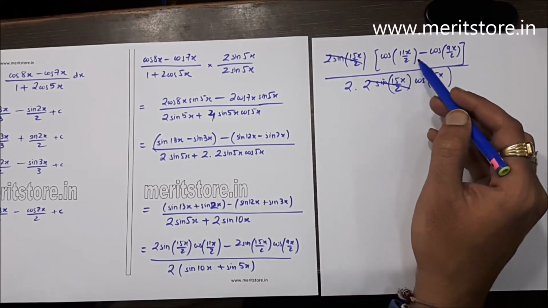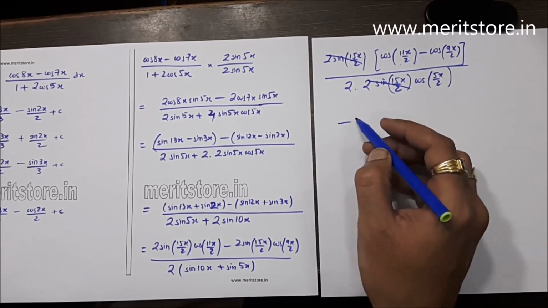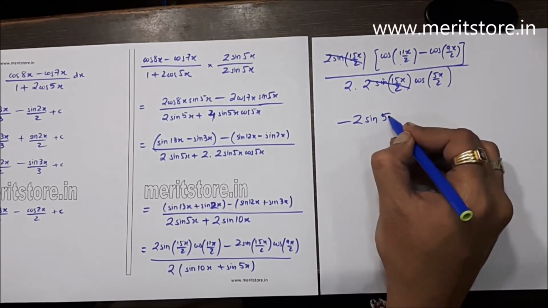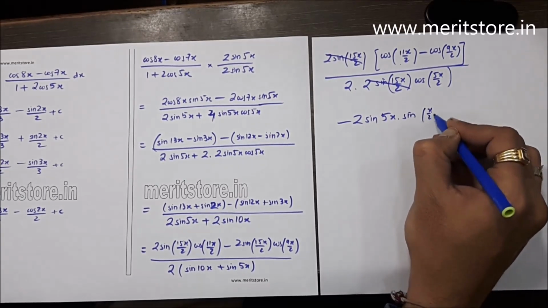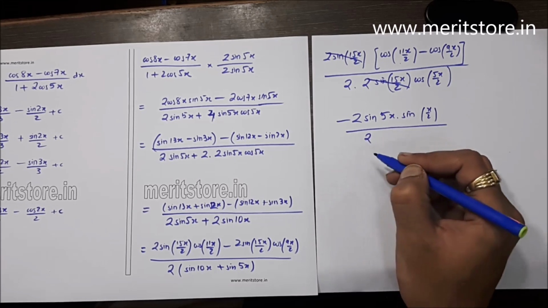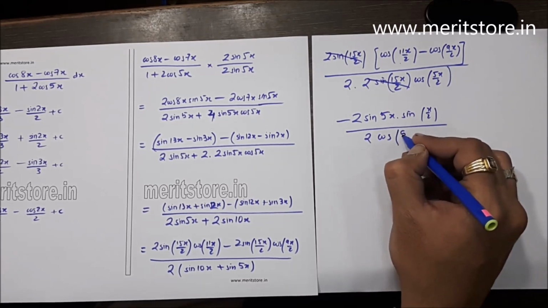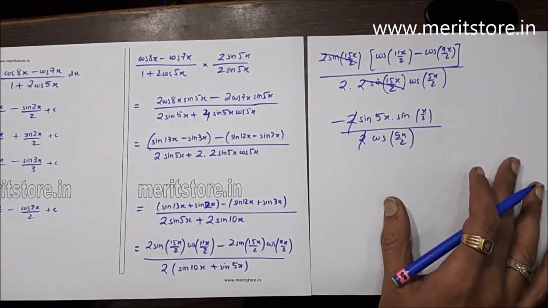Now in the numerator, I am applying the formula of cos c minus cos d, which is minus 2 sine 5x into sine x upon 2, the whole division by 2 cos 5x upon 2. This 2 and this 2 will cancel off.